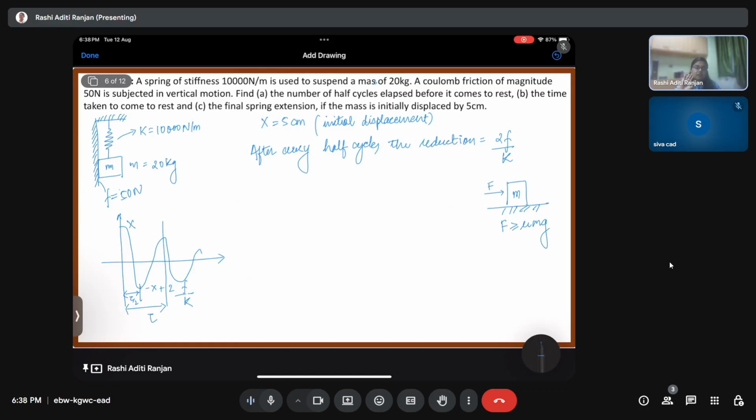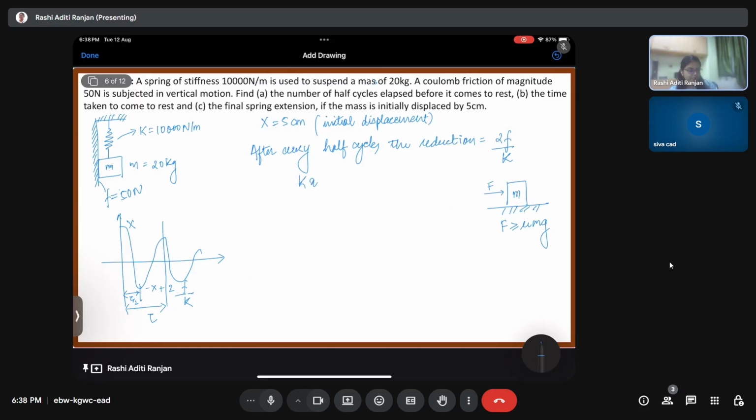Because the spring is trying to move my mass in a particular direction and the friction is resisting it. And when this frictional force is higher or equivalent to the force which is applied by the spring because of the stiffness of the spring, the mass is not going to move, though it is not at the equilibrium position. Okay, so because of that, what is going to happen?